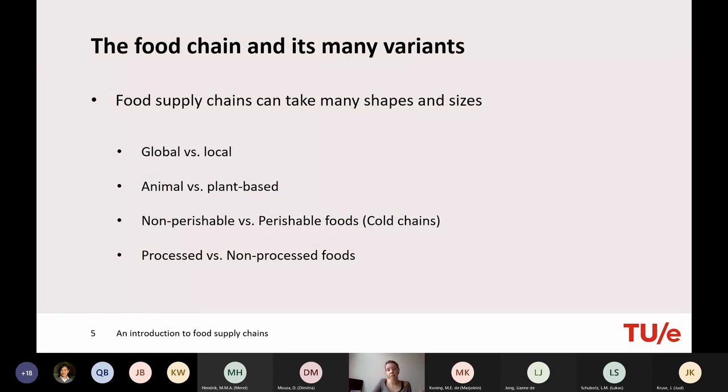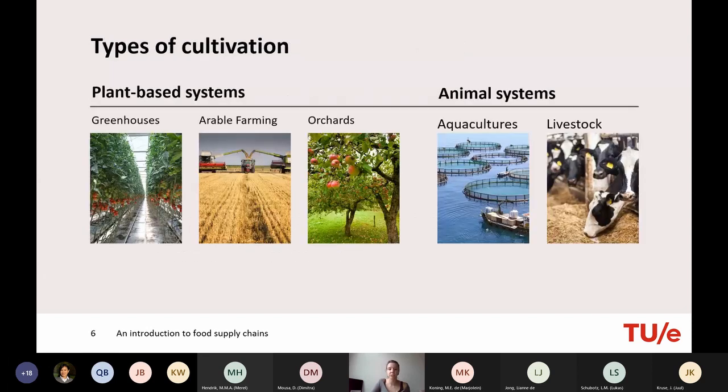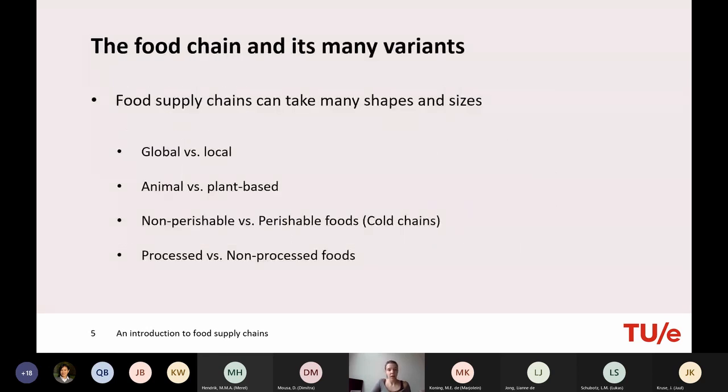On the other hand, we can differentiate between animal versus plant-based chains, because animal chains often have further steps in between: first we need to grow feed, then we have to feed that to the animals, then we have to slaughter them and so on, whereas plant-based chains might be shorter.